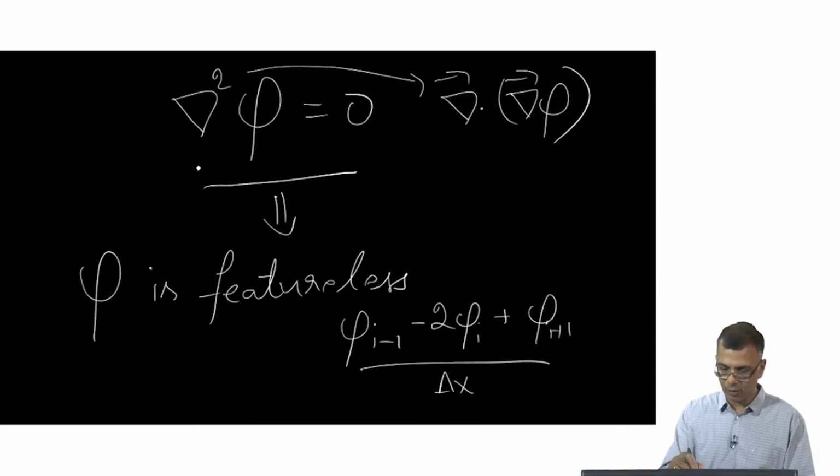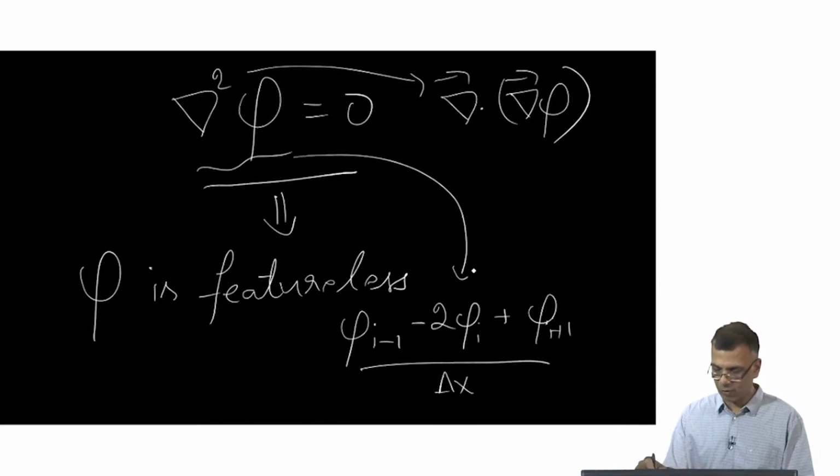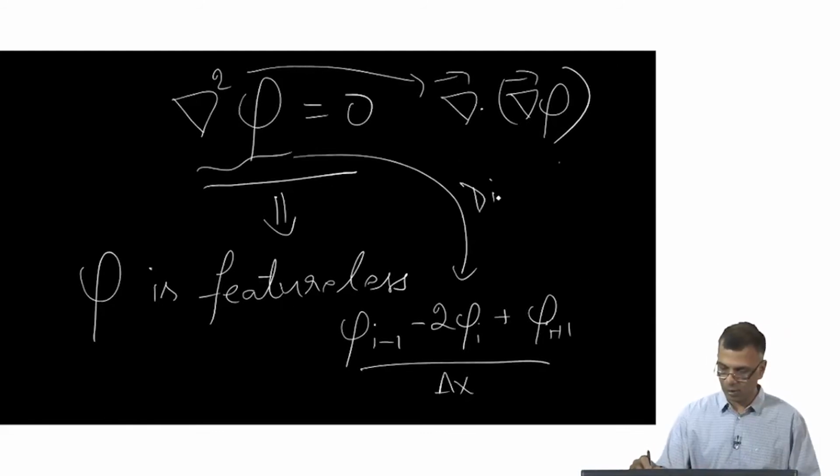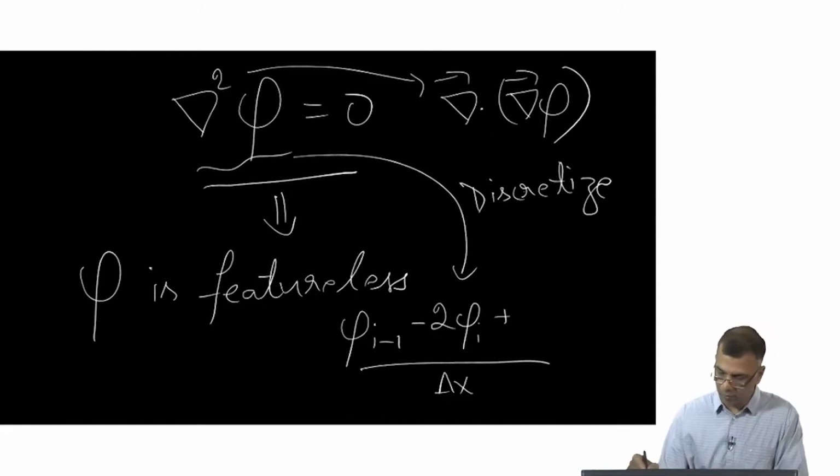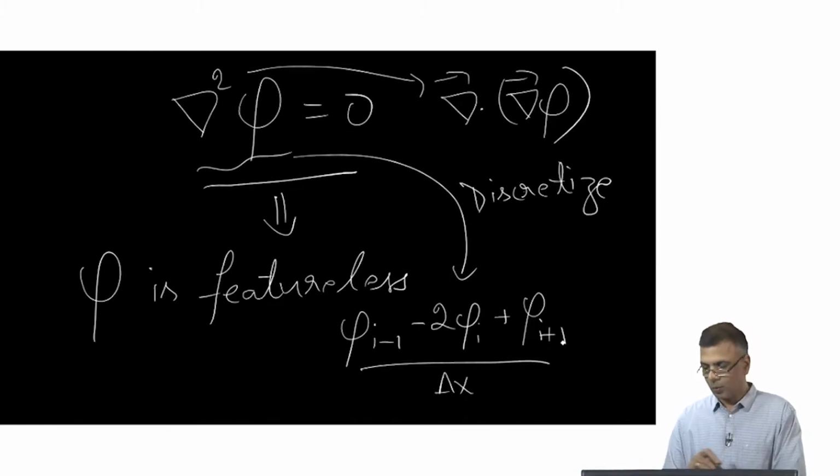That's the discretized version of the double derivative in one dimension, and you can verify this.